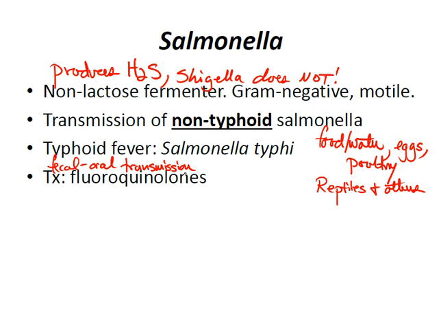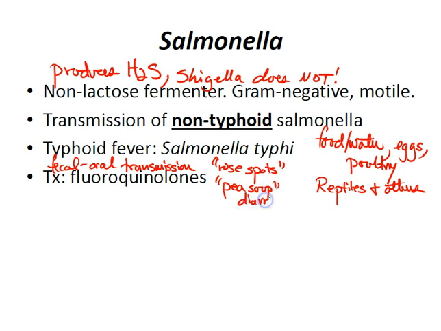Signs and symptoms occur 5 to 21 days post-exposure, and the prodrome is abdominal distension, pain, hepatosplenomegaly, a rash known as rose spots, constipation, and a pea soup diarrhea.